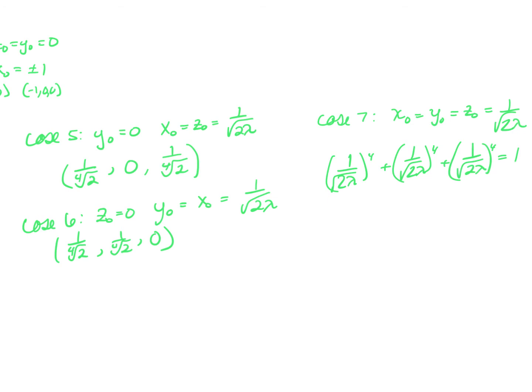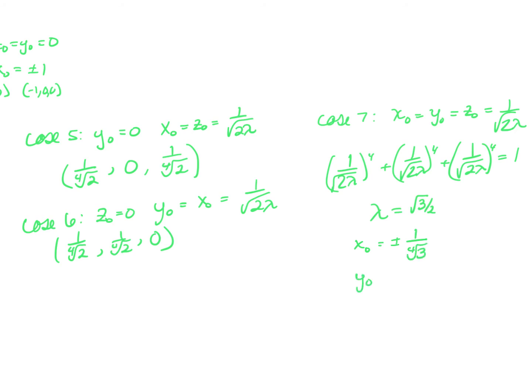When I get done with this, I'm going to get lambda is equal to the square root of 3 over 2, which tells me, when I get done with the algebra, x naught is equal to y naught is equal to z naught. Well, actually, it's not true because I can take combinations of it. So x naught is equal to plus and minus 1 over the 4th root of 3.